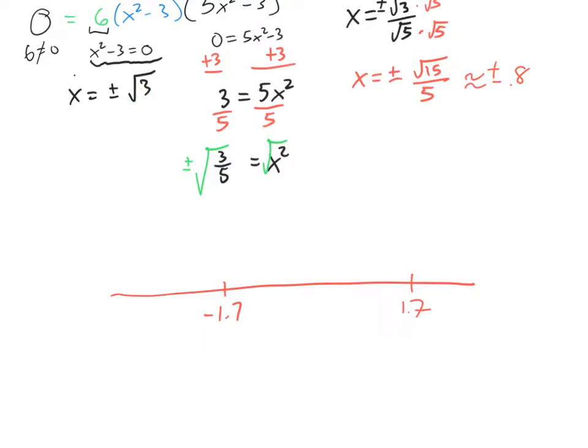So negative 1.7, positive 1.7. Then for the second equation, we got plus or minus 0.8. So I got negative 0.8 and positive 0.8. So those are going to help us create our intervals.